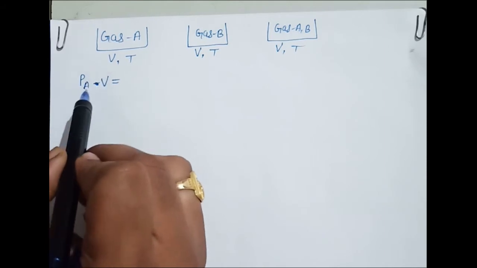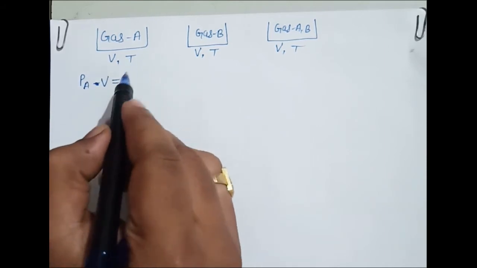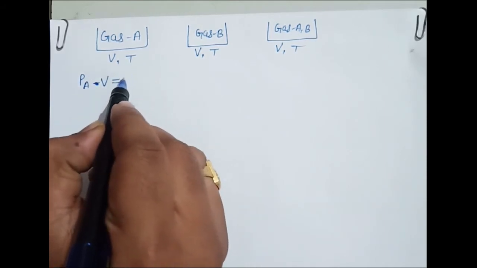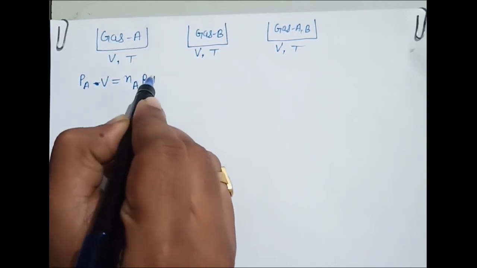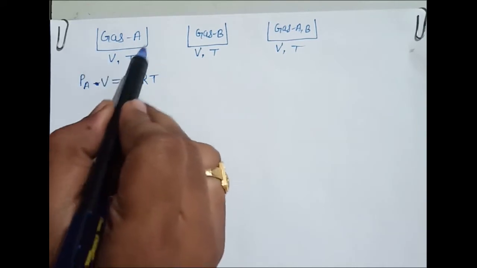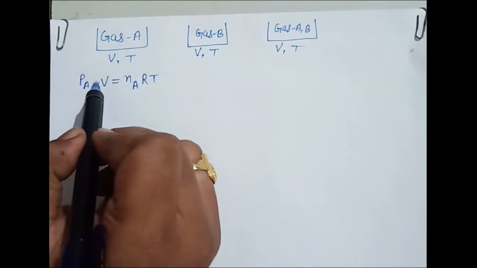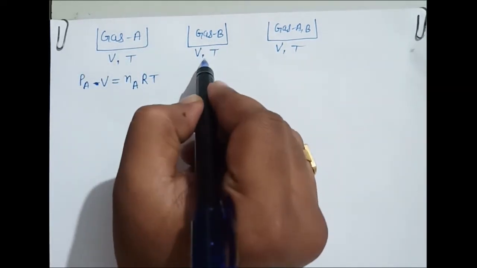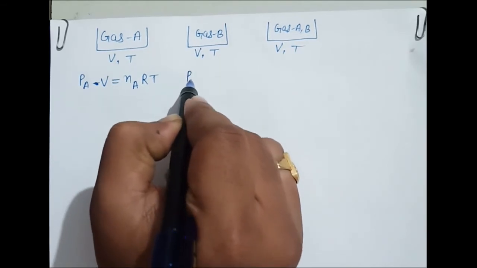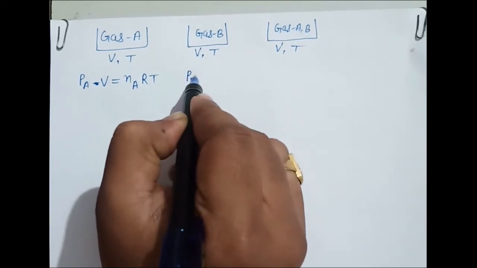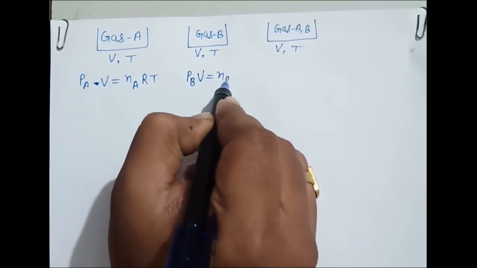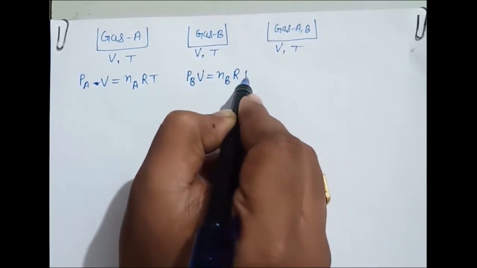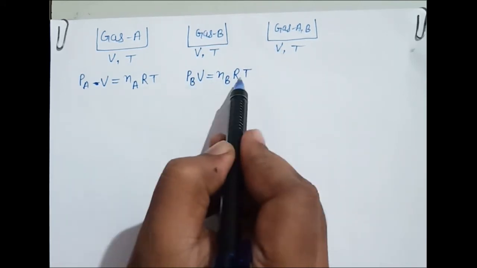PA, the pressure of A, into V is equal to nA into RT, where nA means the number of moles of A. Understood? And here also let us apply the ideal gas equation. So PB, the partial pressure of B, into V is equal to the number of moles of B into R into T. PV is equal to nRT.